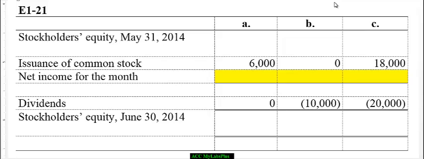So the stockholders' equity at the end of May is going to be $55,000, $177,000 in assets minus $122,000 in liabilities.